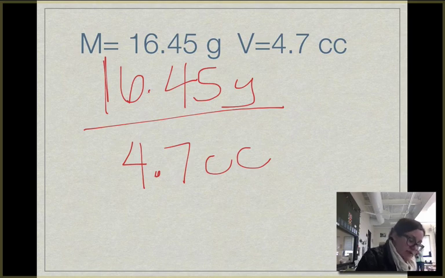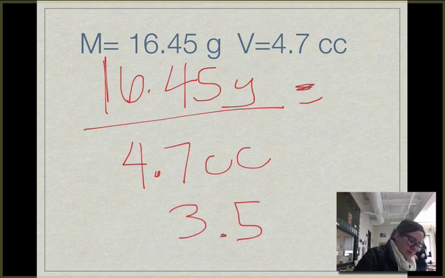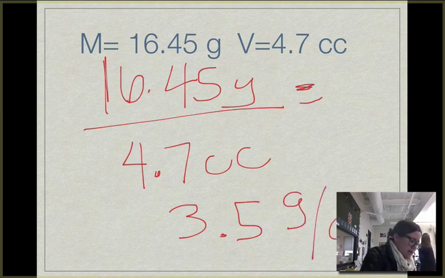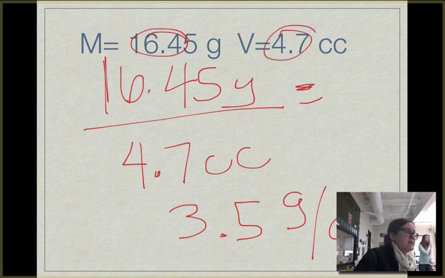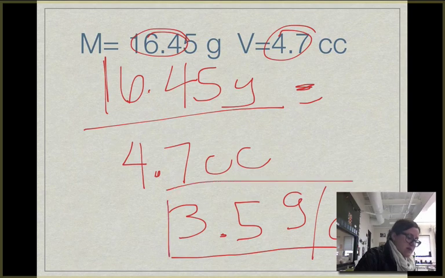And I get 3.5 grams per cubic centimeter. Now, this has 4 significant figures, this has 2. My answer is only allowed to have 2, and so it looks like my answer does not need to be rounded at all because it already has 2 significant figures.